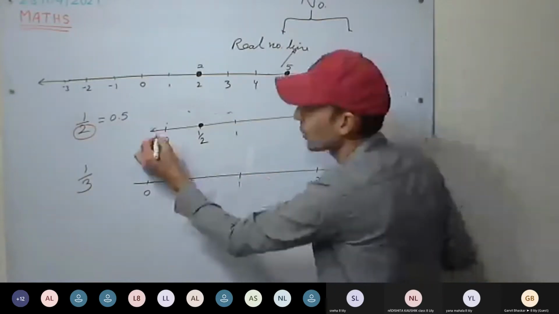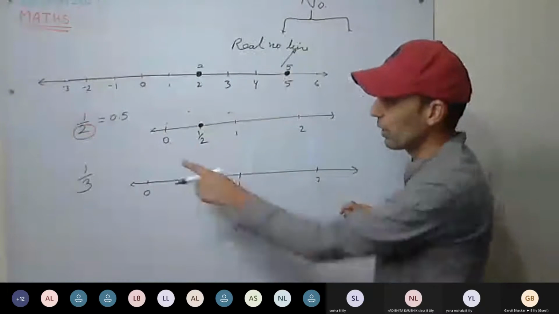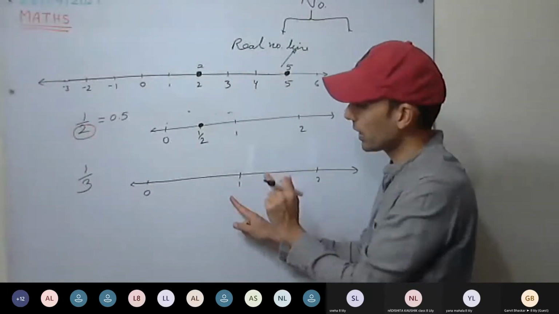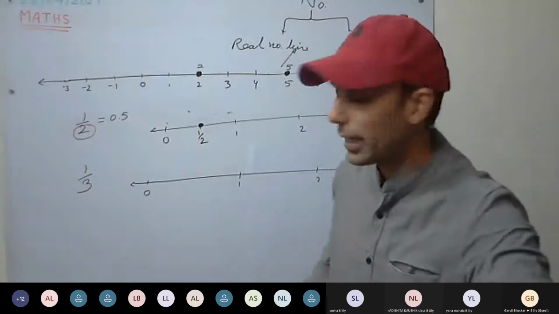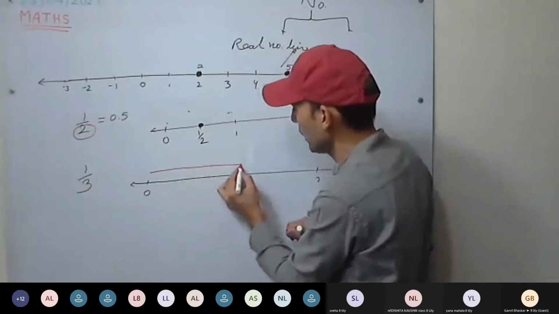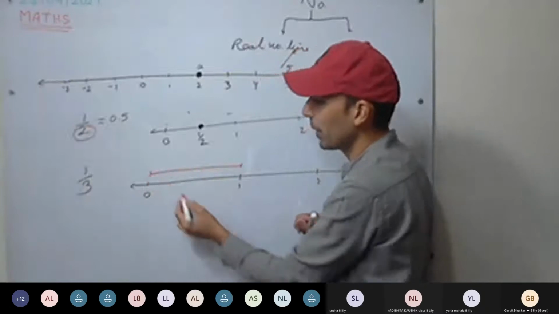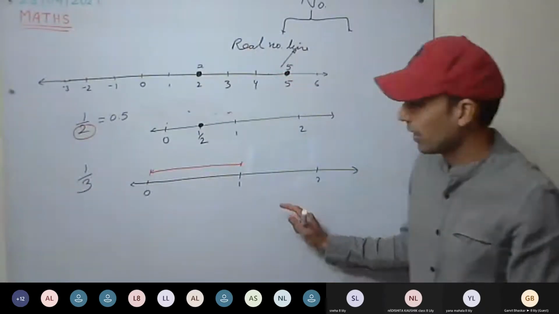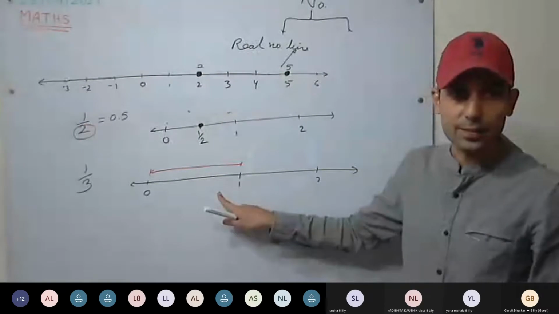You can put arrows this side as well, no issues. So 1 by 3 will lie somewhere between 0 and 1. I have to divide this length from here to here into how many parts?